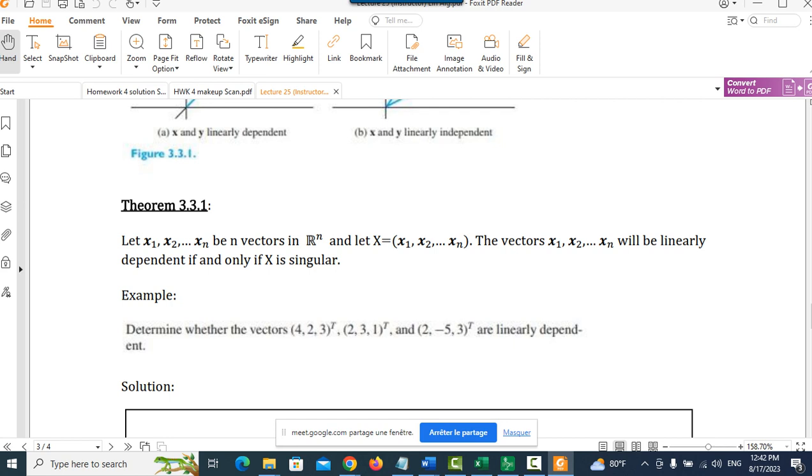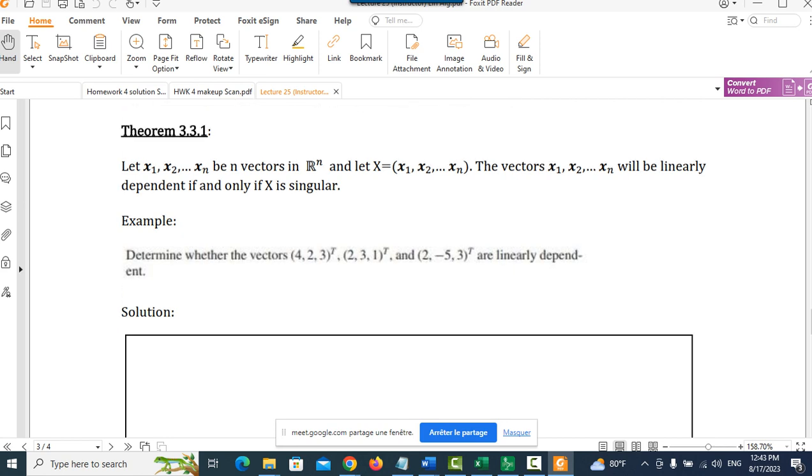The vectors x1, x2, through xn will be linearly dependent if and only if X is singular. And remember, a matrix is singular if its determinant is equal to 0. So if the determinant of a matrix is equal to 0, then the vectors in its columns are linearly dependent.